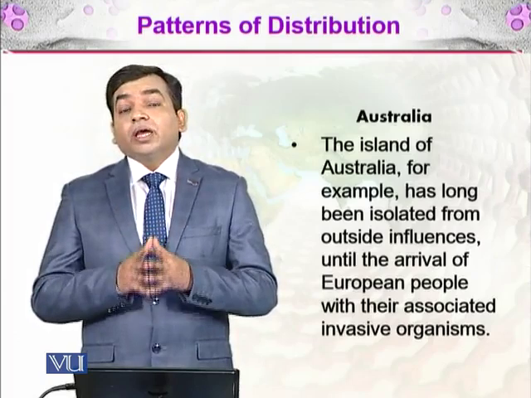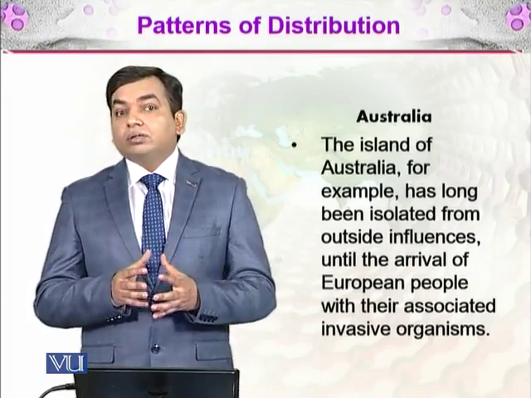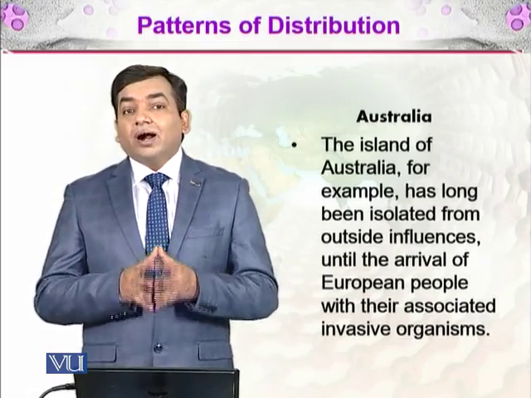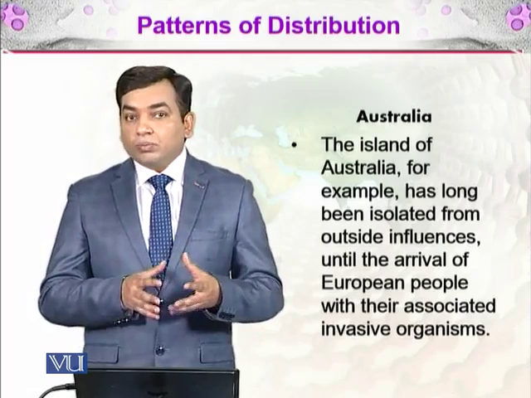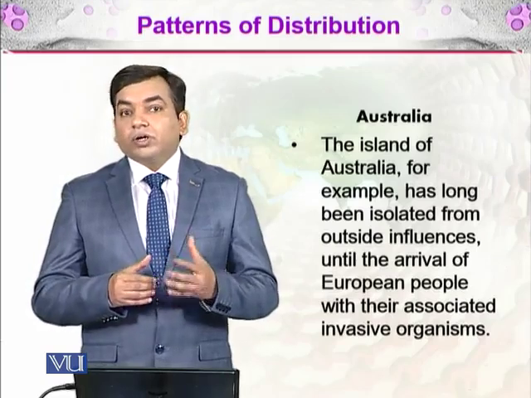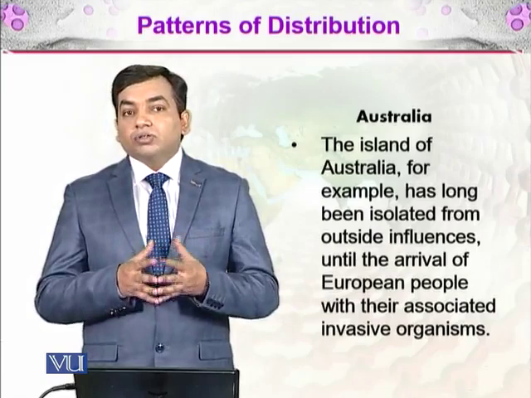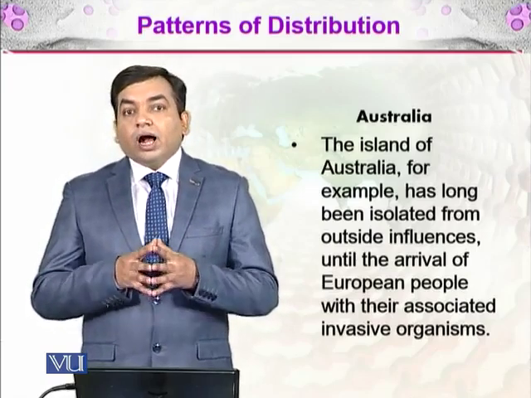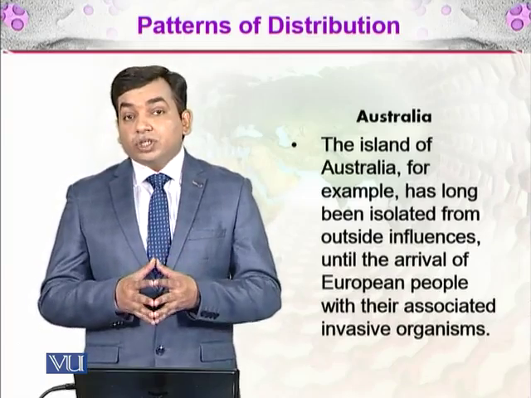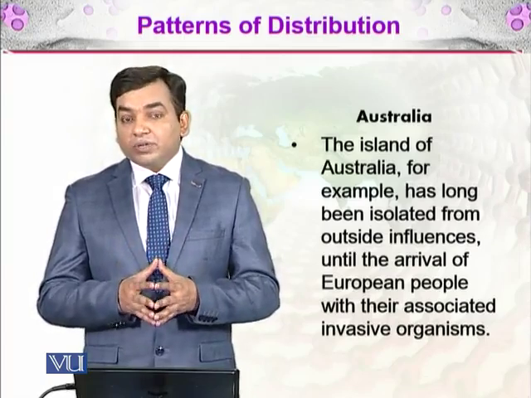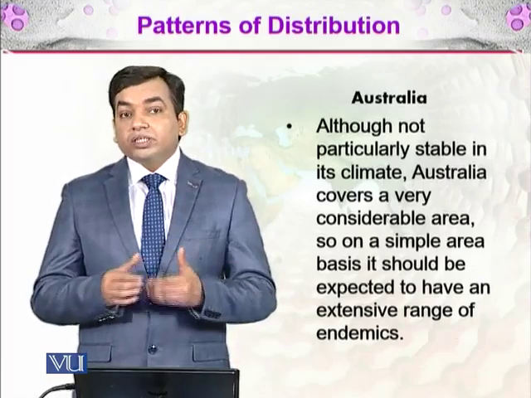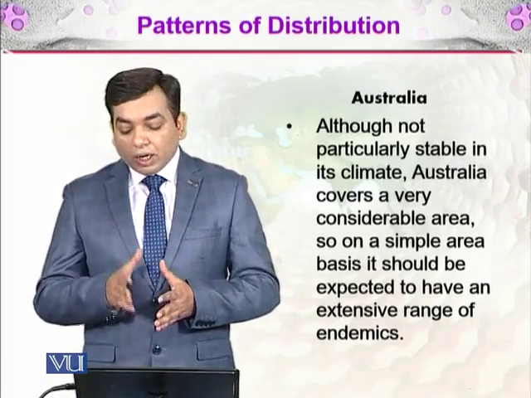So Australia has had endemic organisms for a long time, and it was relatively undisturbed, and there were some indigenous human beings there, called Aboriginal people. There were not many people coming from other continents until the European people came and brought some invasive species with them, and that changed their endemicity as well. Those invasive organisms can change the ecosystems of Australia.